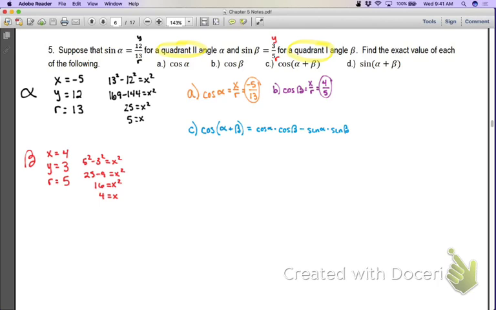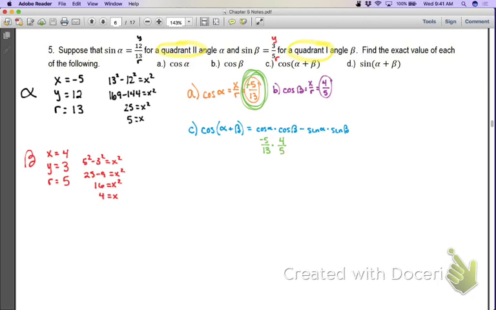From here, it's basically taking my trig function and giving it a numerical value. What is cosine of alpha? -5 over 13. Where'd you see that at? Right there on part A, right? We saw that right here. So, -5 over 13 times, what's cosine of beta? 4/5.